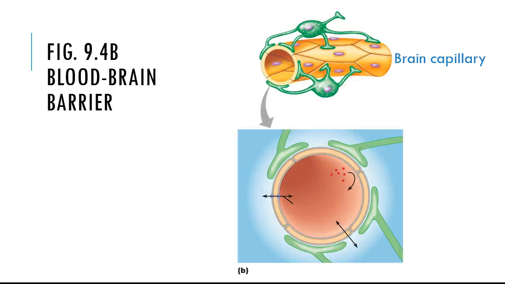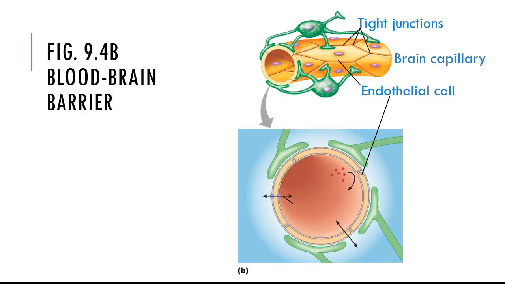And so on the top is a long look at a capillary, and the image highlighted in blue is that capillary cut in half and then turned on its end. So we're looking at a cross section of this capillary. Those capillary cells are called endothelial cells. And so in this image here we can see 1, 2, 3, 4 endothelial cells represented.